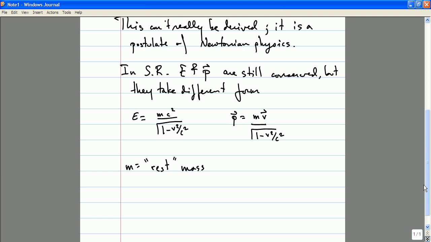Yes? Question? So does that mean that the energy of a particle is also relative to the observer? Absolutely. You didn't think you were going to get off that easy, did you? That the energy and momentum wouldn't depend on the observer? Listen, if the distance between two events and the time between two events depend on the observer, then that implies, among other things, that the velocity of a particle depends on who's observing it.